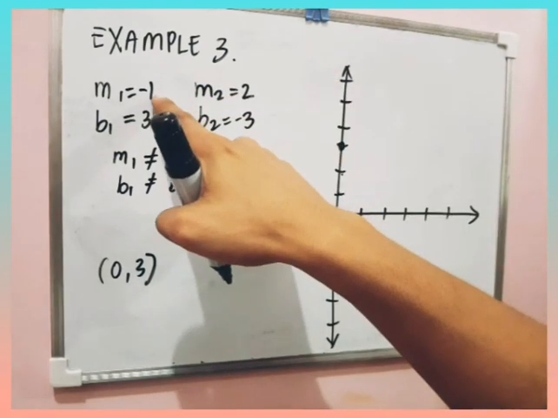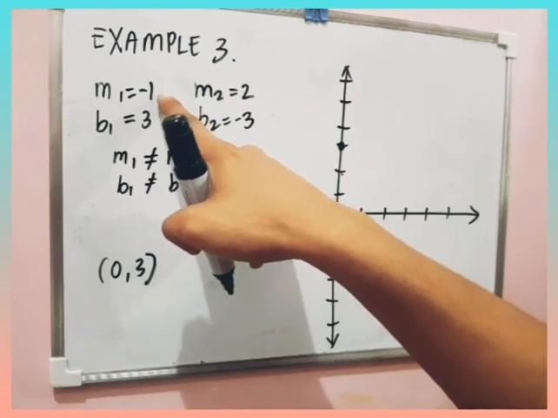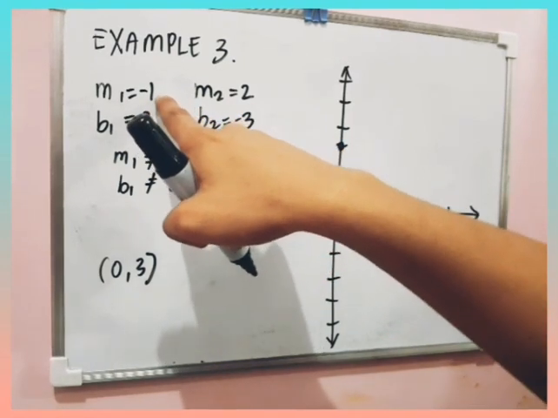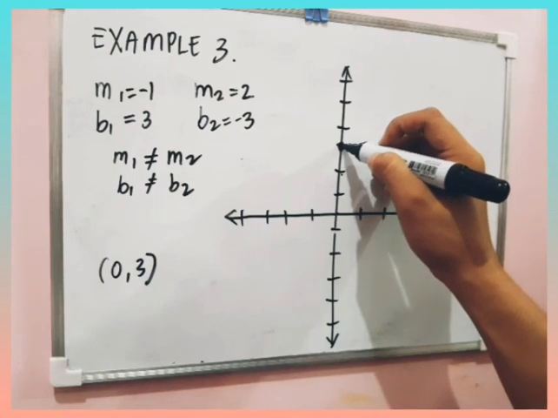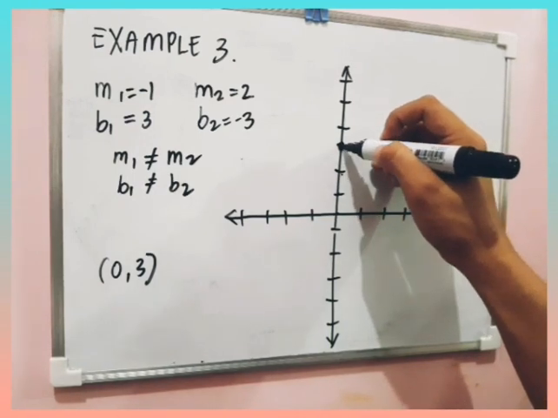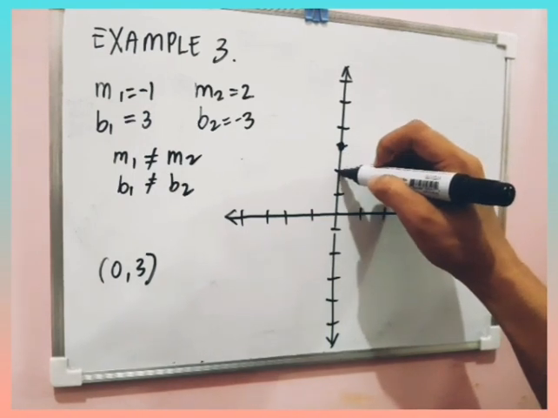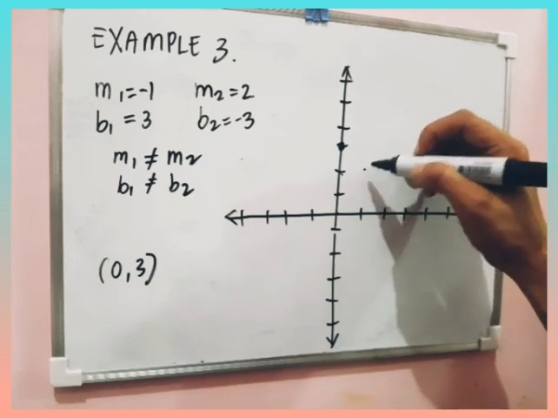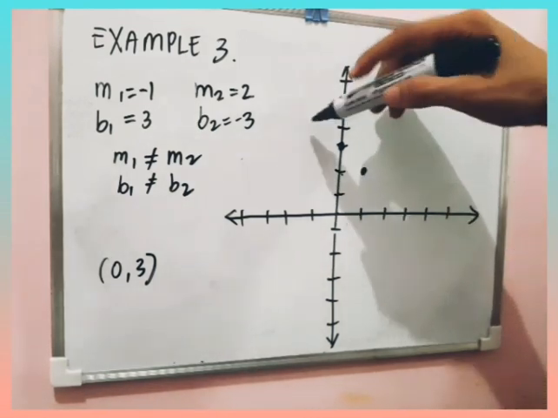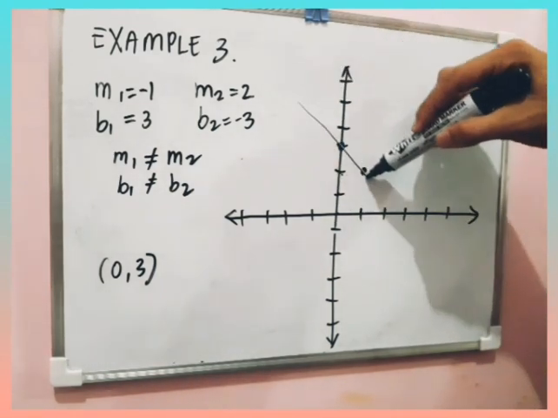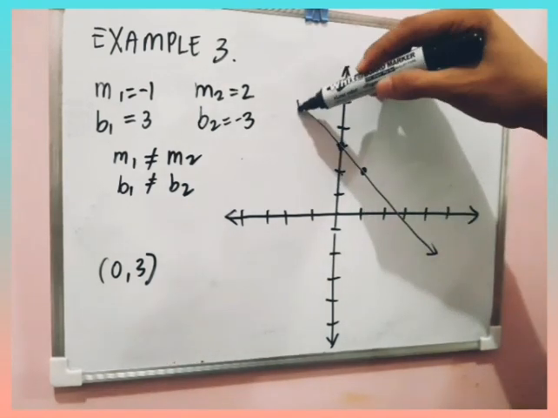And then perform again the rise over run sa slope natin, negative 1. So, we have negative 1 pababa, 1 step pababa. Tapos, since may over 1 siya, 1 step pa kanan. Okay, so nandito siya. So, ganito po yung graph ng ating first equation.